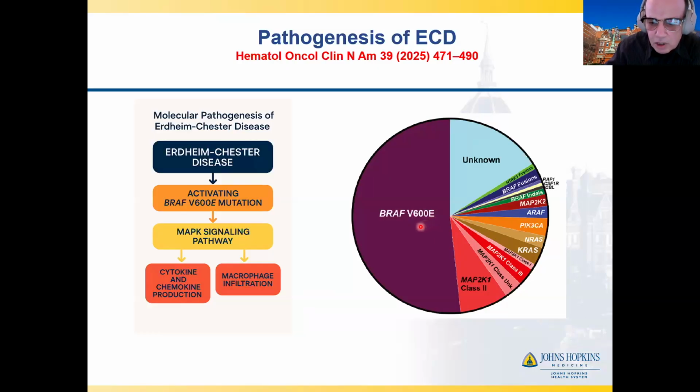So that's at position 600. But you can see that the rest of the cases, some of them are unknown, but there are other mutations. The most common one of these is called MAP kinase class 2, and these also make the cell divide more and also grow more. But the majority obviously are BRAF mutations.